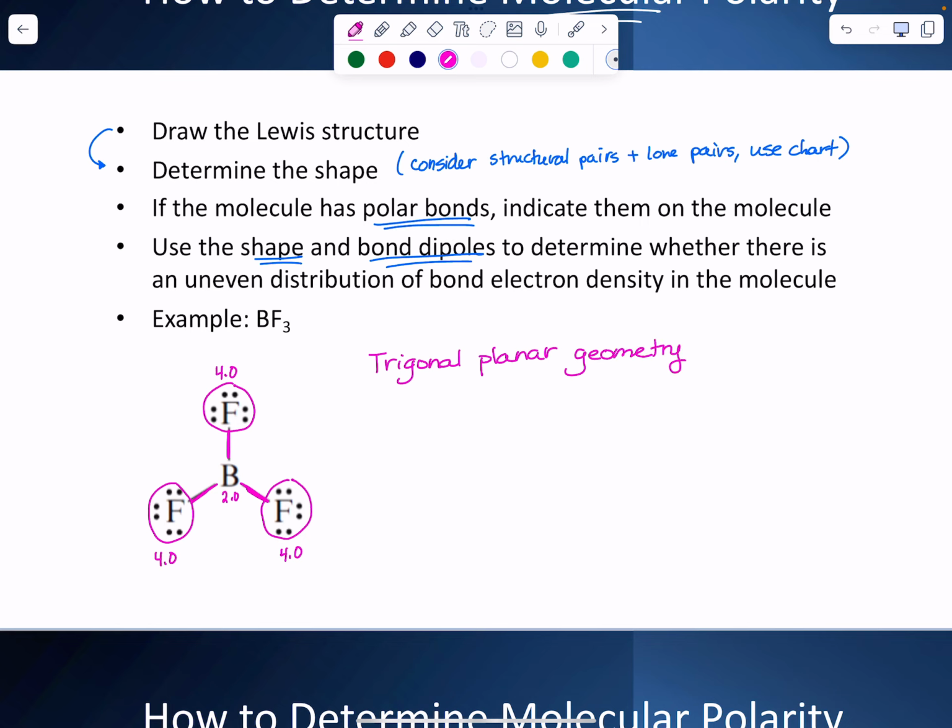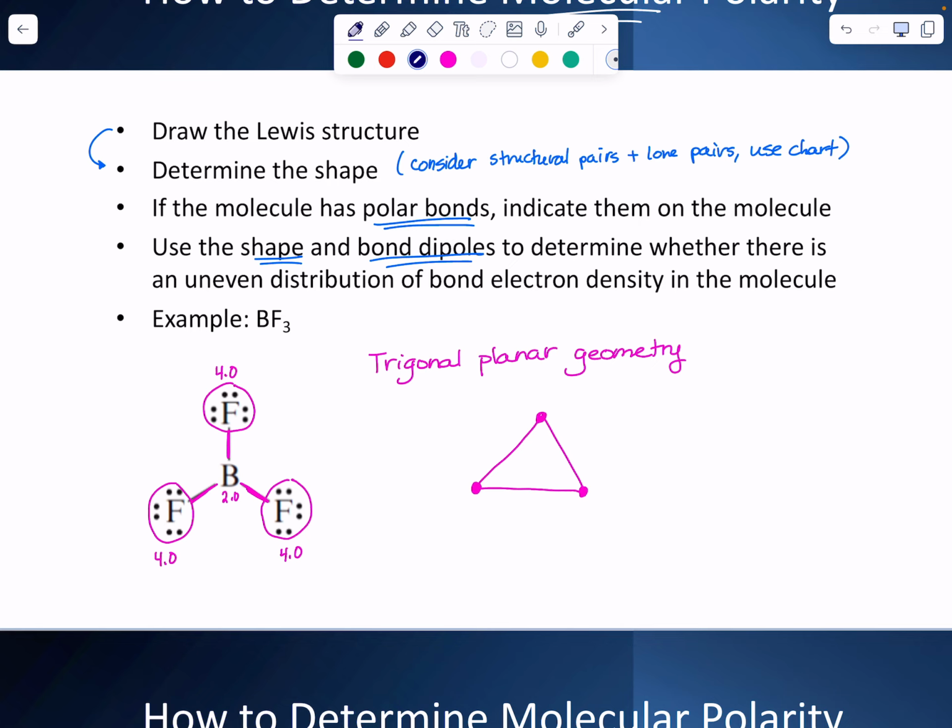So again, if I were to draw these atoms, everything would fall in the same plane, and our three fluorine atoms are going to be at the corners of a triangle. Our boron is in the middle, and we know that these are going to be polar bonds.